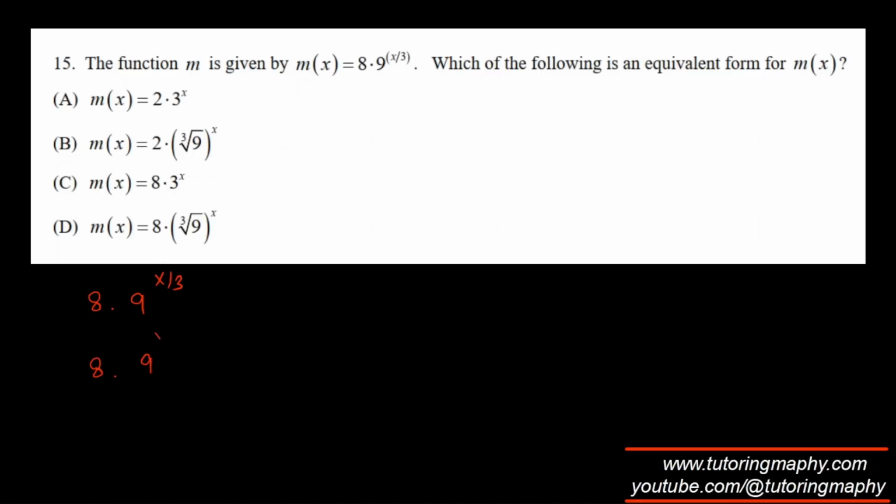And can I write 9 raised to x over 3 as 9 raised to 1 over 3 raised to x? And remember, the cube root of 9 is not a nice number, and we don't have a calculator here, so it's not a nice number. So definitely it's not going to convert into 3. Had it been a square root, I would have said that the square root of 9 is 3. So these two don't make sense, like A and C.